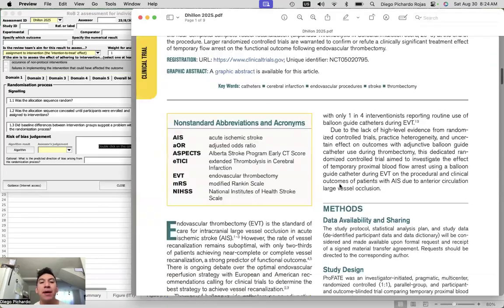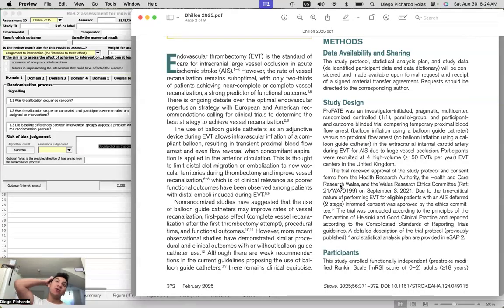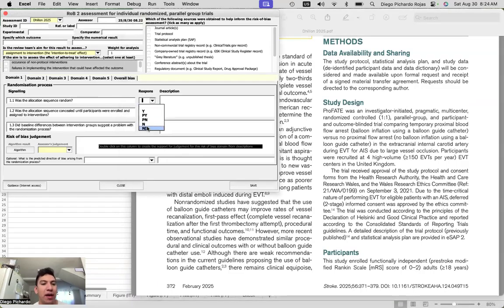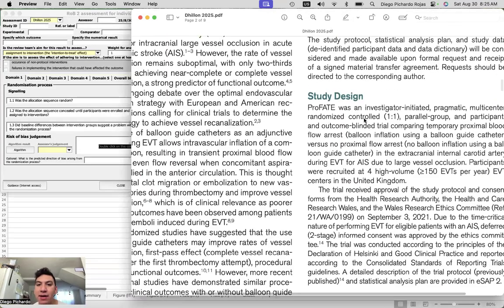Basically, what they're asking here is, were the patients allocated to both groups in a random way? As an example, if your study is a clinical trial that was not randomized for patient selection, we're just going to put no, it was not. However, in this study, we're going to evaluate that.